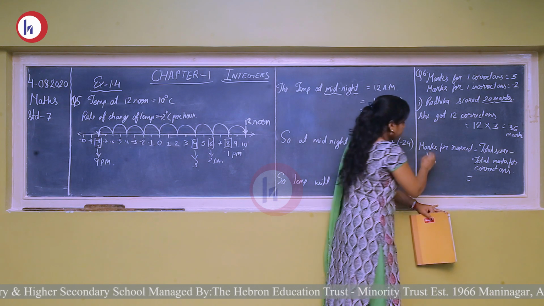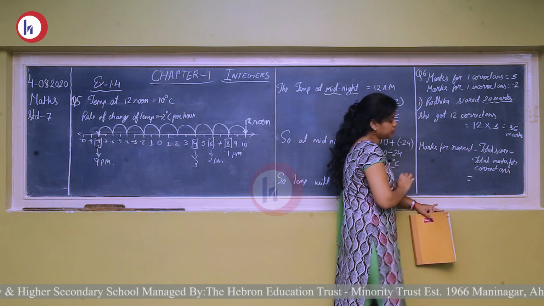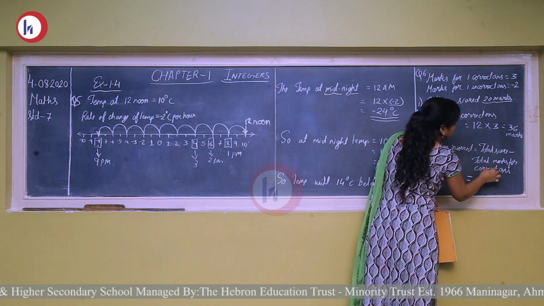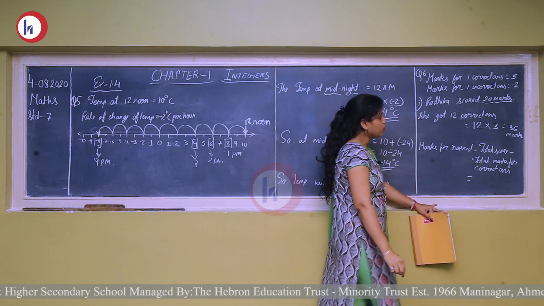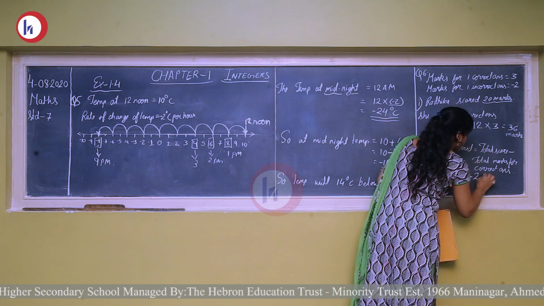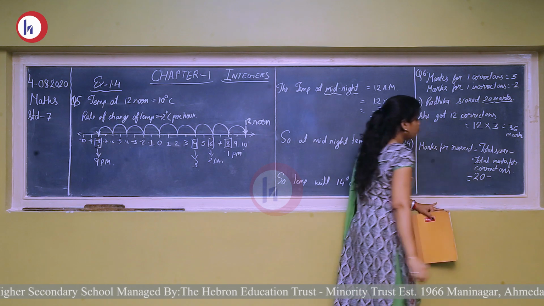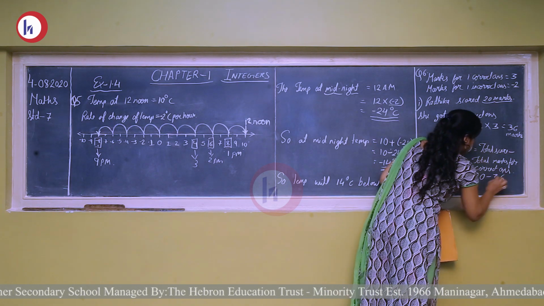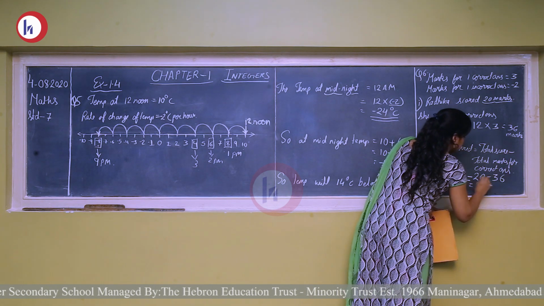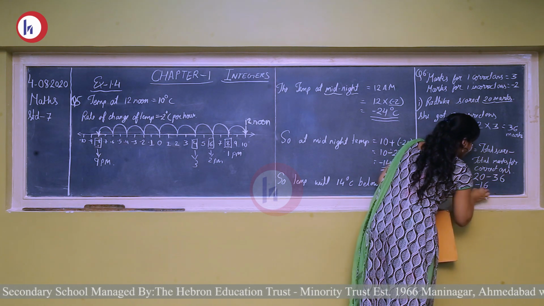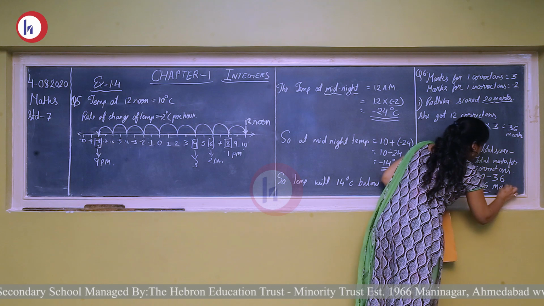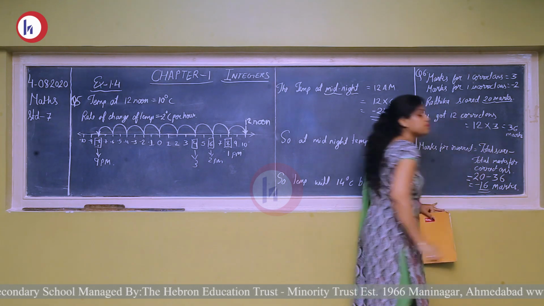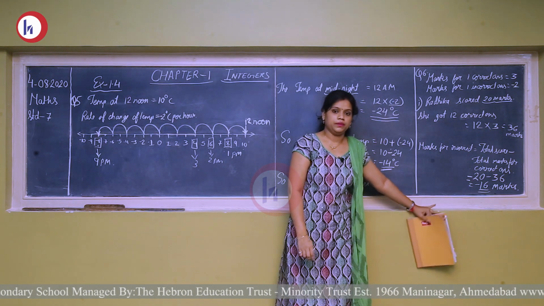So let's check. Marks for incorrect answers, how many she scored? That will be total score minus the total marks obtained for correct answers. That will be her total score was 20 and what she scored for correct answers was 36. So 20 minus 36 is minus 16. That means the marks she got for incorrect answers was minus 16.